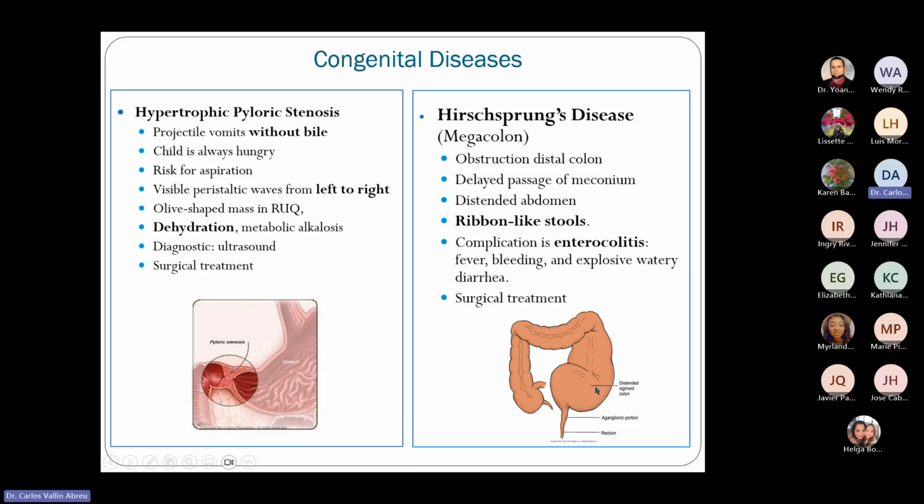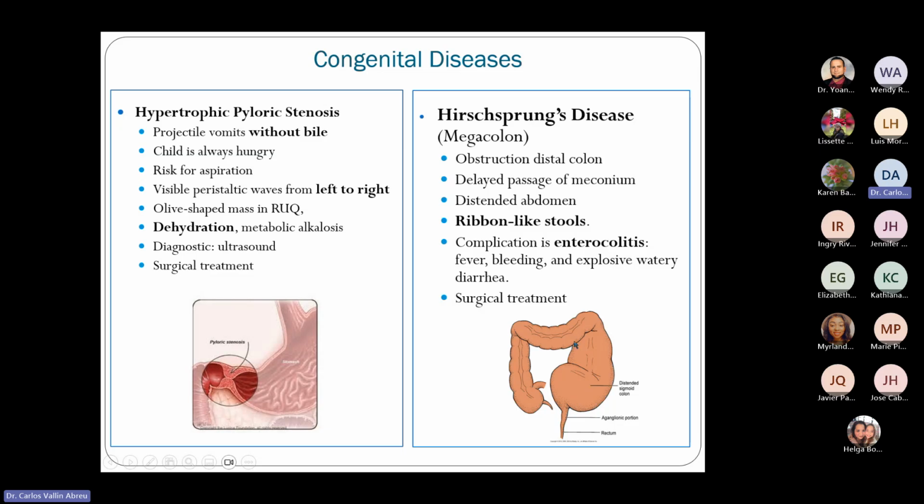Hirschsprung disease, also called aganglionic megacolon, is another congenital disease that produces distension of the colon, a distended abdomen at the moment of birth, constipation, and delay of the passage of meconium in the first 24 hours. When finally the child has a bowel movement, the feces are going to be very thin and flat, classically described as ribbon-like stools.